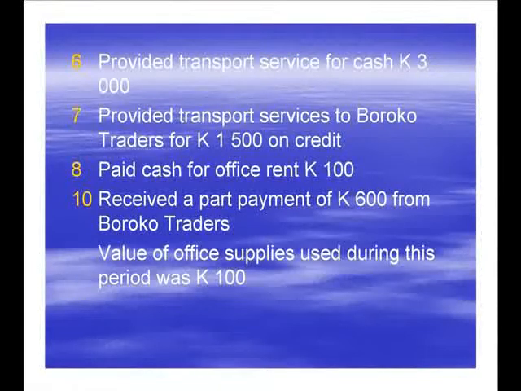Received part payment from Boroko traders, 600 kina. Then the value of the office supplies used during this period was 100 kina. So this is a transport business. The main source of income or revenue is the transport services provided by this business to various customers.